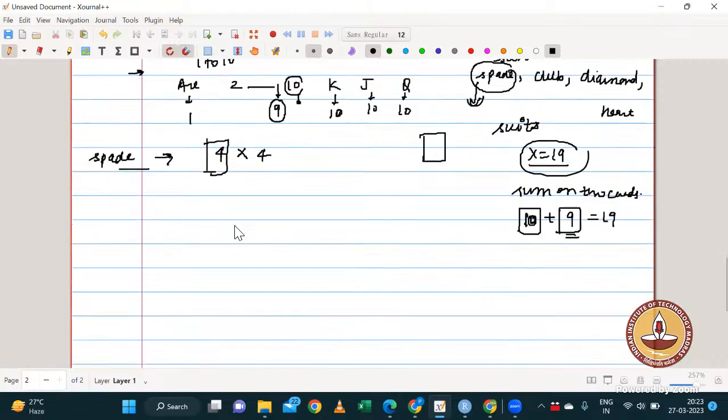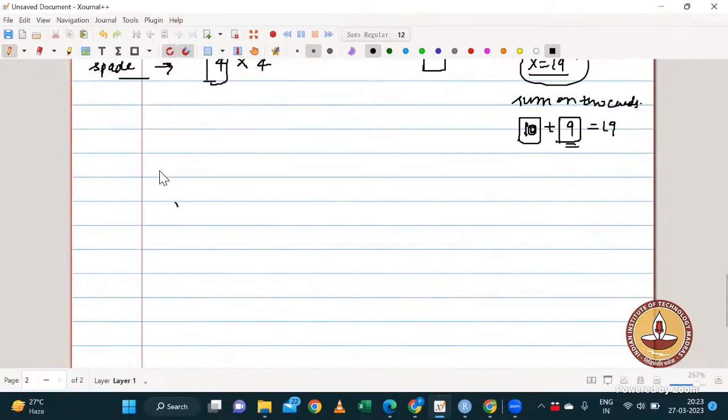See, in a single suit, ace carries 1 point. And there are cards which carry 2 to 10. And then all the face cards king, queen, jack also carry 10 points.